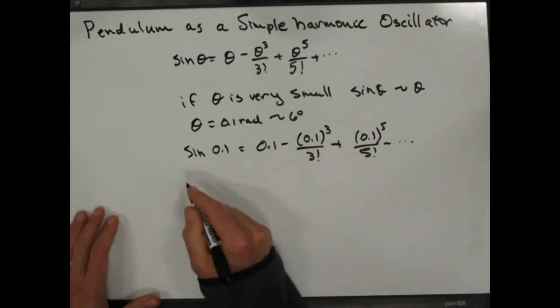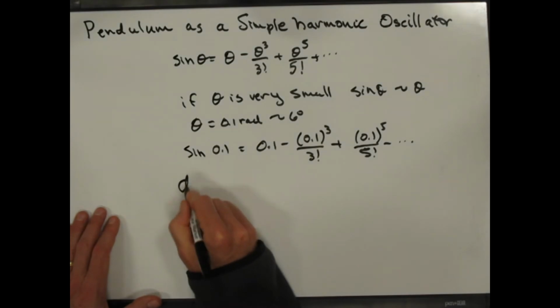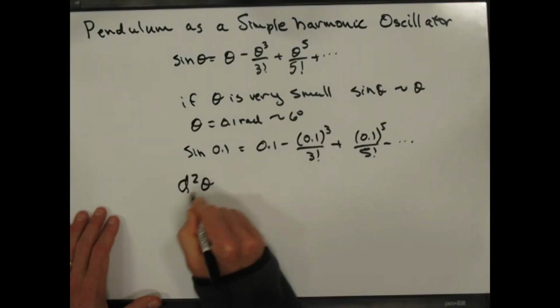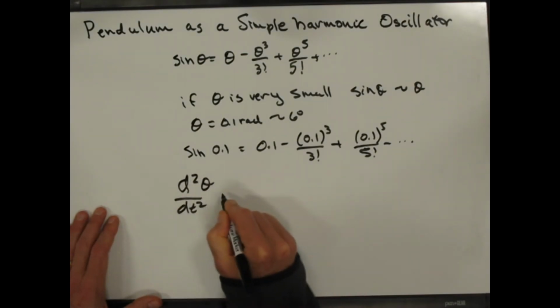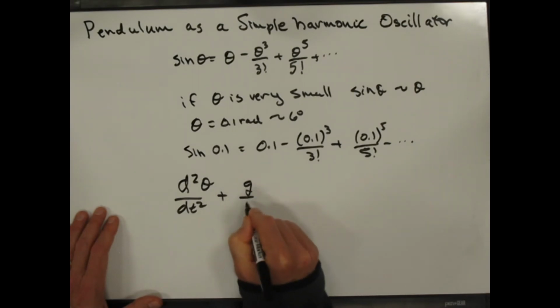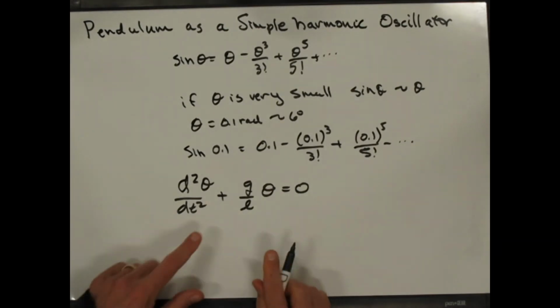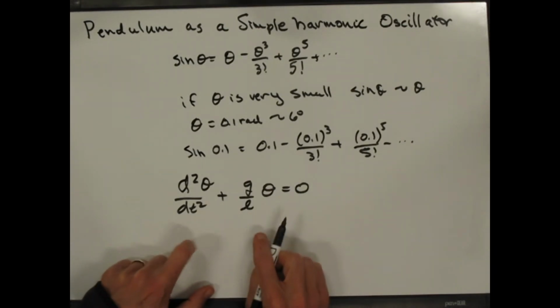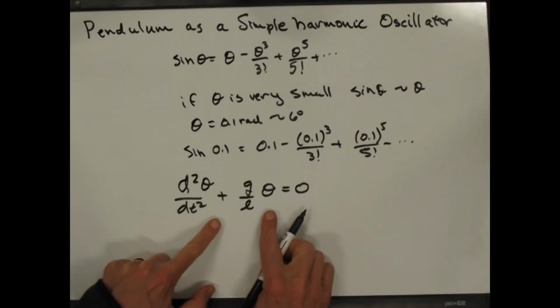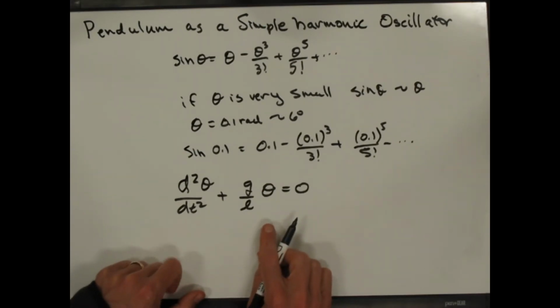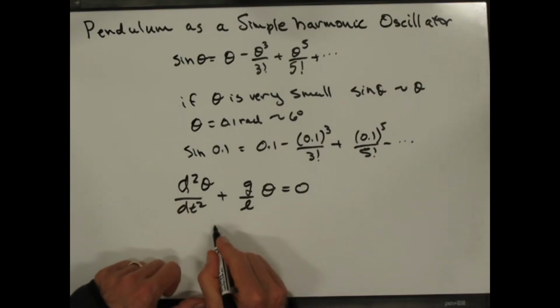And so what we end up with in that equation I had on the previous page is d squared theta over dt squared plus g over L times theta is equal to 0. And now I'm right back to an identical solution for my simple harmonic oscillator as I had before.